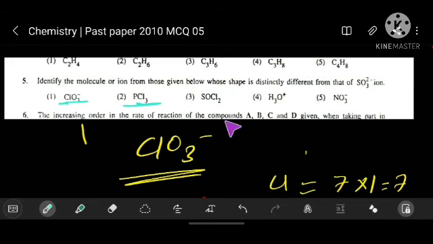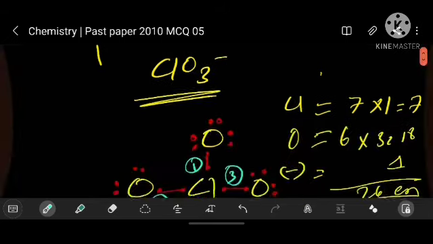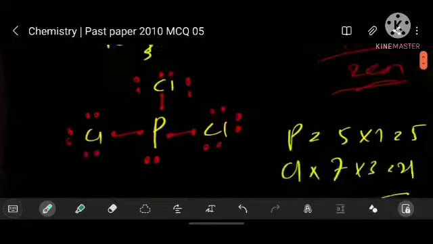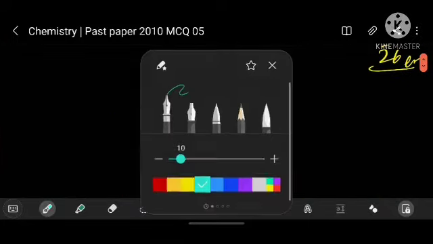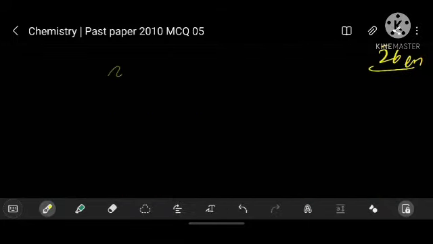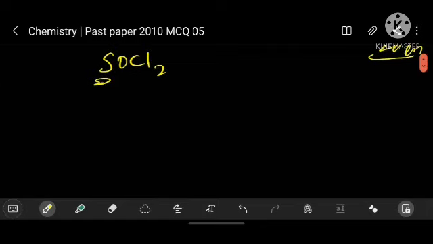Now let's do it for SOCl2. Here the least electronegative atom is sulfur, S, then chlorine, oxygen.